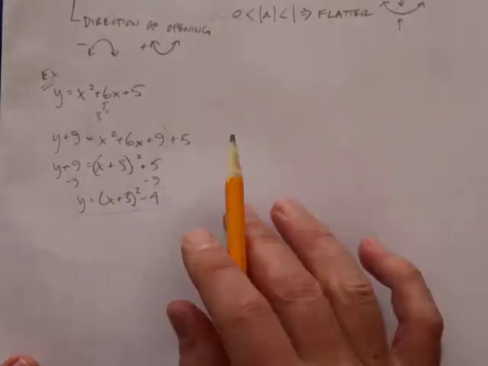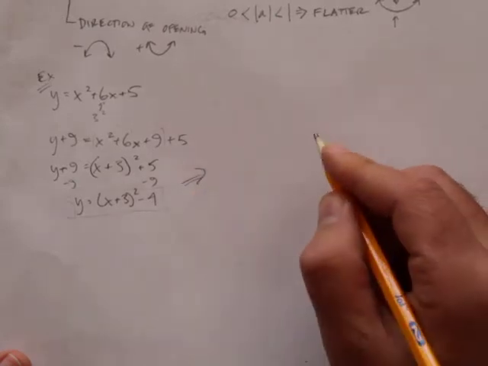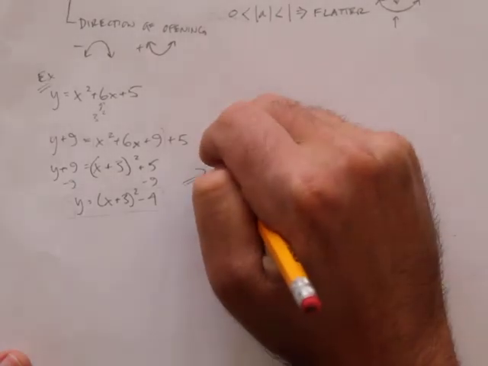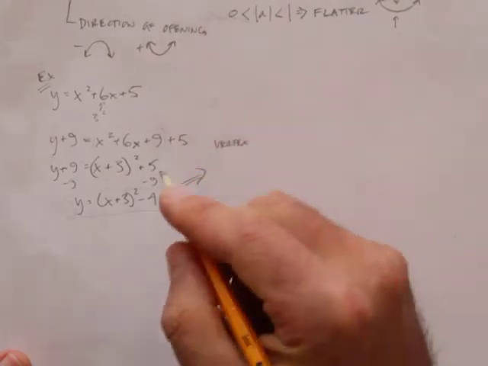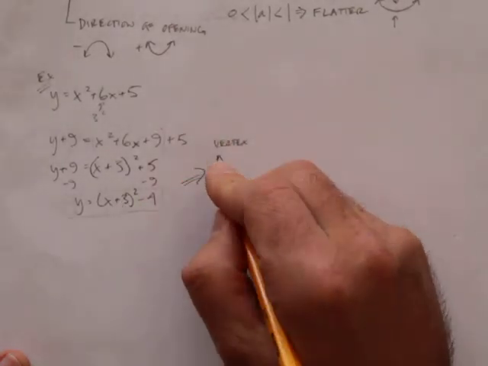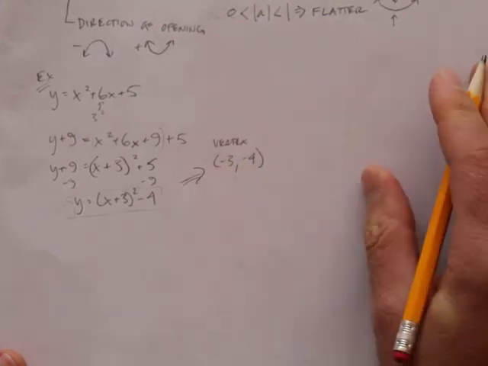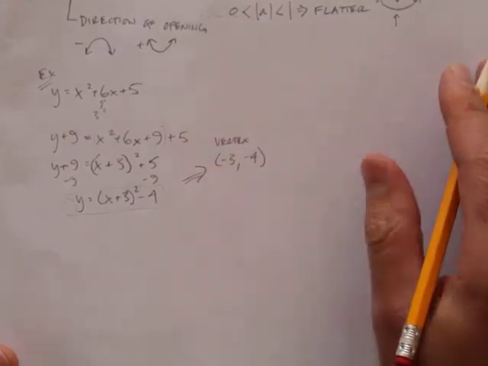And now I have completed the square. I have written this in vertex form, and I can now say, what is my vertex? My vertex is, here's my x value. Remember, I do the opposite of what it looks like in here. -3, -4. So there's my vertex.